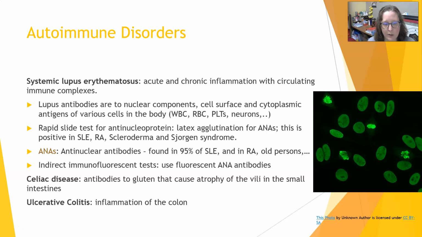ANAs are anti-nuclear antibodies, and they are found in 95% of lupus patients, but they are also found in rheumatoid arthritis and old people. What I want you to think about is, normally, in a properly functioning body with a properly functioning immune system, there are cells that are turned over and regenerated all the time, and they are destroyed and dissolved, and all the components are recycled or broken down.